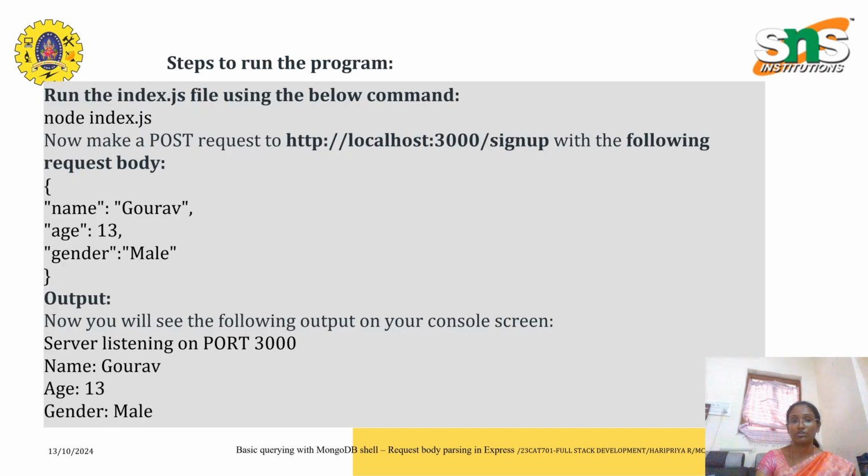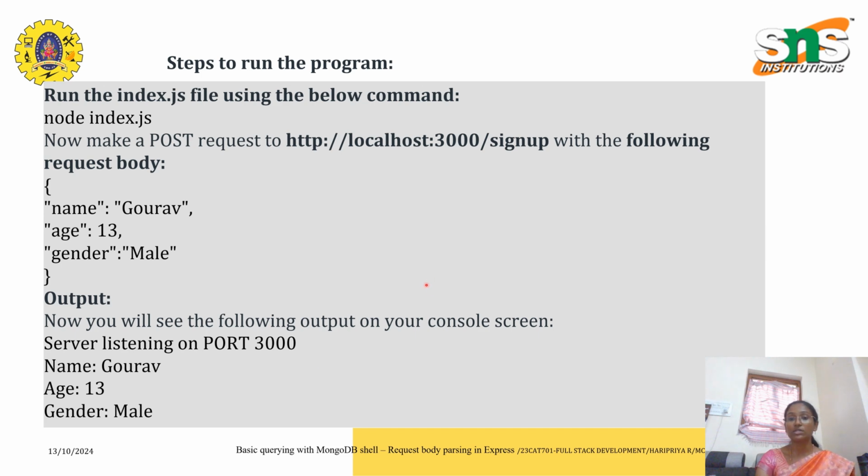Here is the step-by-step process of how the Express framework works with your database. First, we run index.js using the command node index.js. Then make the POST request, which is automatically generated in the request body. The name equals some other name, then I give my age as 13, and next the gender.